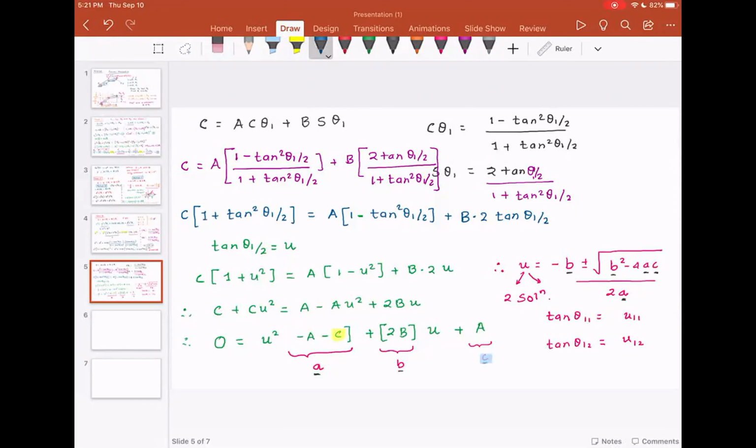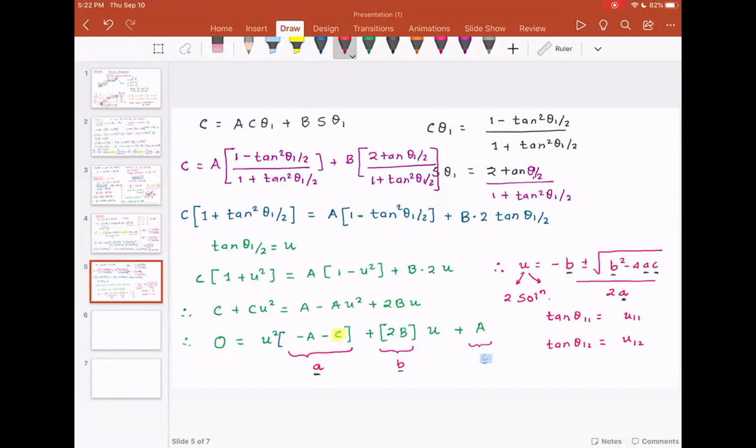Correct, I missed one minus C square. So did I do it right? A minus C square. Okay, I see what you're saying.